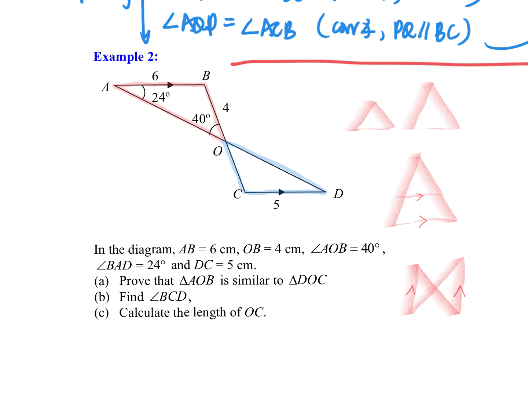So you can tell me that this angle is the same as this angle because of the letter Z. So we can write that down first. A, B, C. Remember the order matters. So A, B to C, you must write DCO. So this is alternate angles. AB parallel to CD.